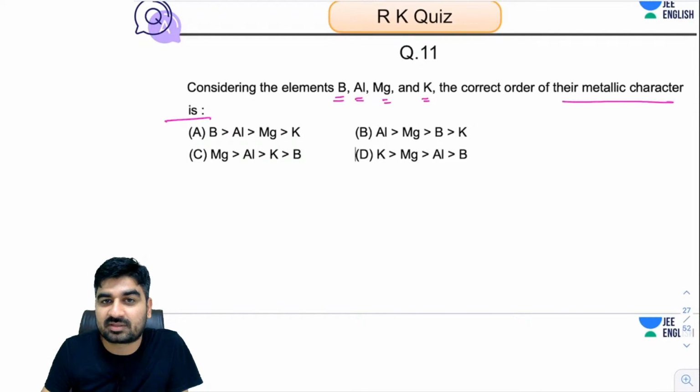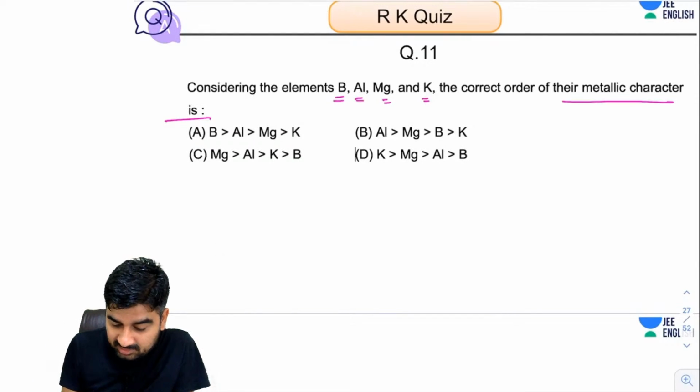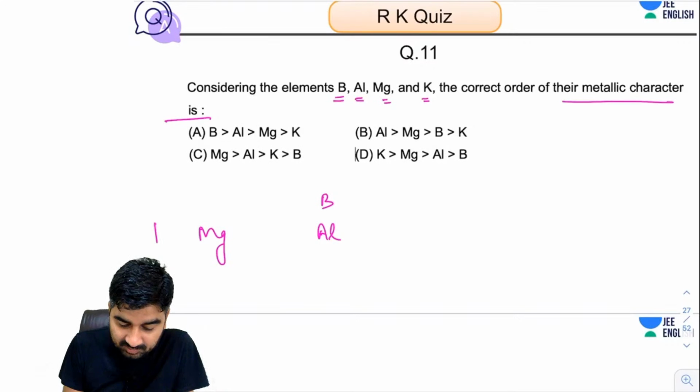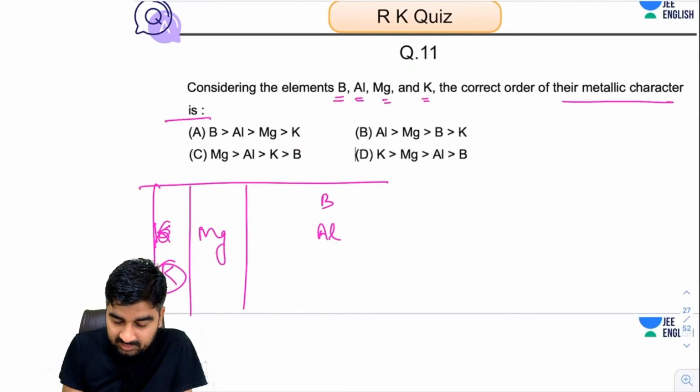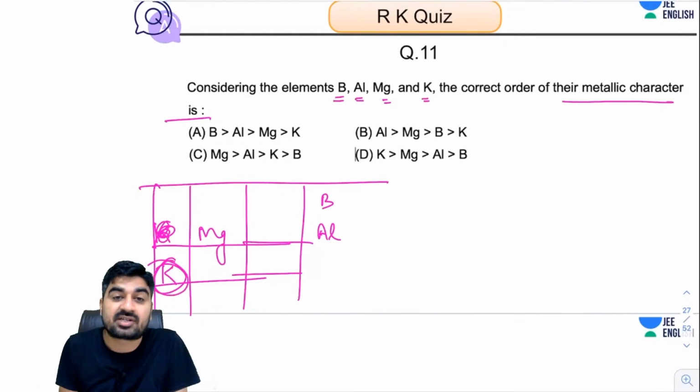So how will you solve it? Again, arrange them. Boron, aluminium, so magnesium will be here and potassium will be here. So in the periodic table, if I look at them, potassium is the lowermost element, a fourth period element.